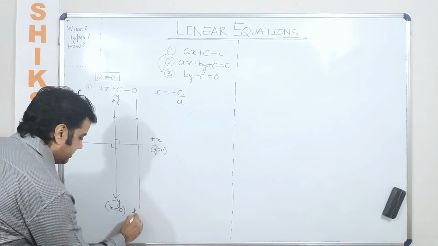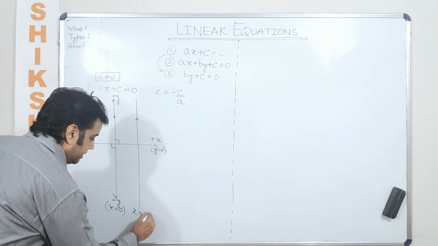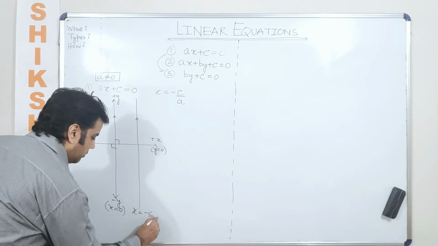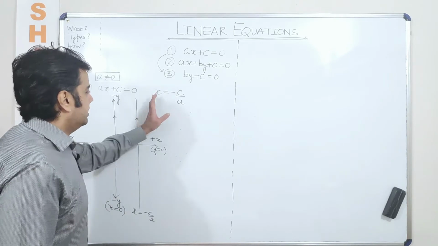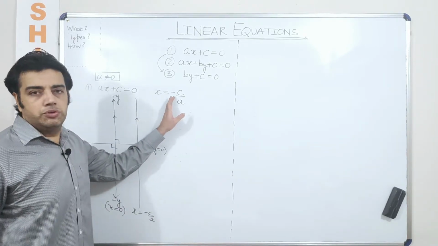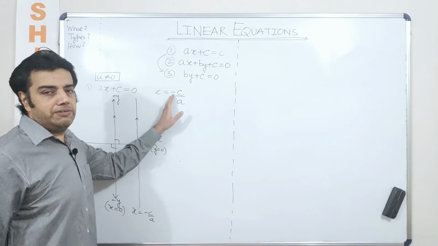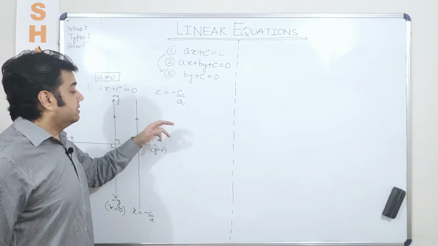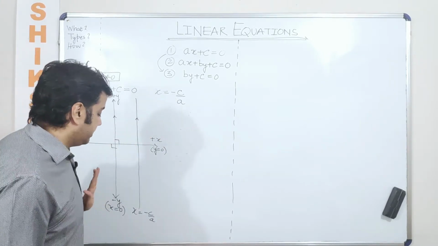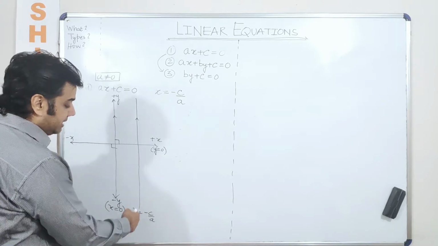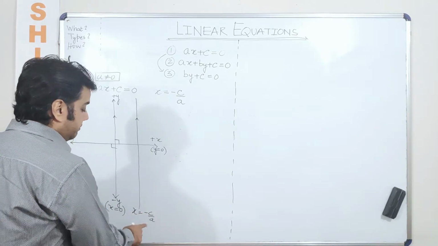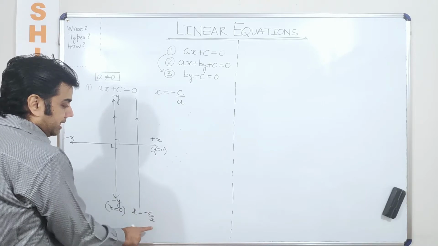So let's say this is x is equal to minus c by a. Now you'll be curious to know that x is getting a negative value, right? Since you are getting a negative value, and you are taking the positive side of it, how will I get a positive case here? You will get a positive value only when one of these would be negative.